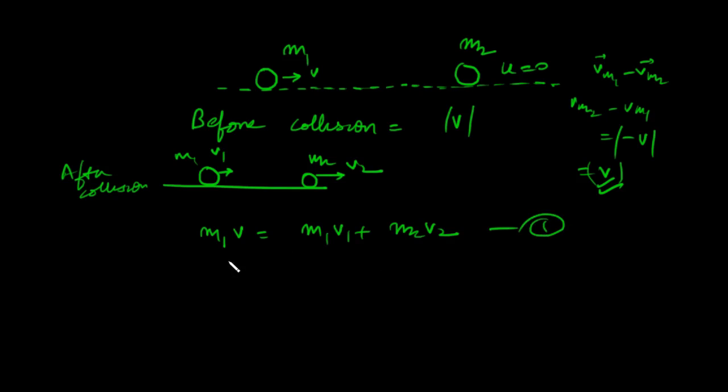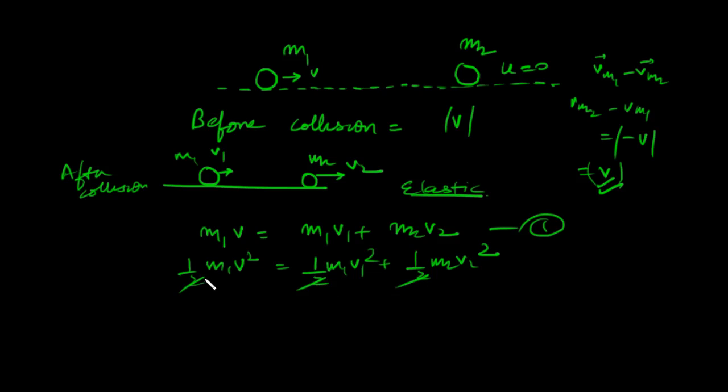This is the first equation, and since this is elastic, kinetic energy would be conserved, so half m1 v square, since m2 has zero kinetic energy, equals half m1 v1 square plus half m2 v2 square. Half gets cancelled here. We square the first equation.